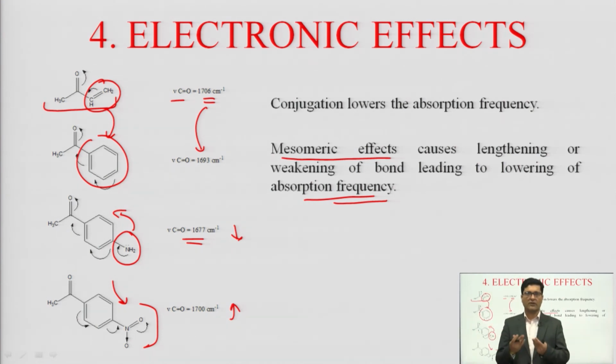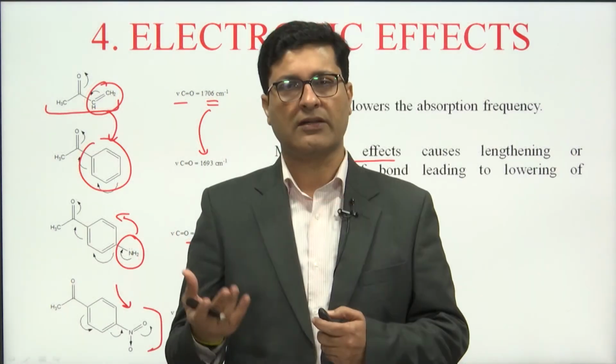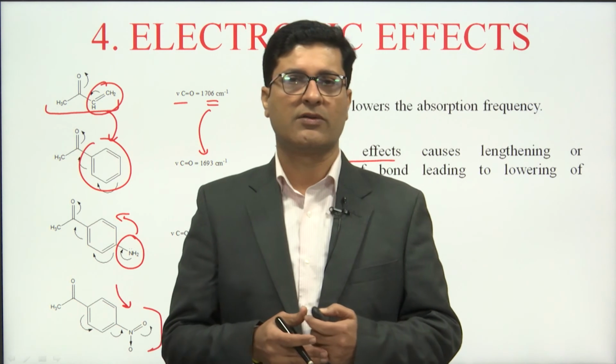So, introduction of an aromatic ring decreases the vibrational frequency values, and in the aromatic ring, if we introduce a minus M type group, negative mesomeric, which withdraws electrons from the aromatic system, it causes shortening of the bond and increase in the force constant value, and hence increases the vibrational frequency values, whereas plus M type groups cause the weakening or lengthening of the bond. So, they decrease the vibrational frequency values.